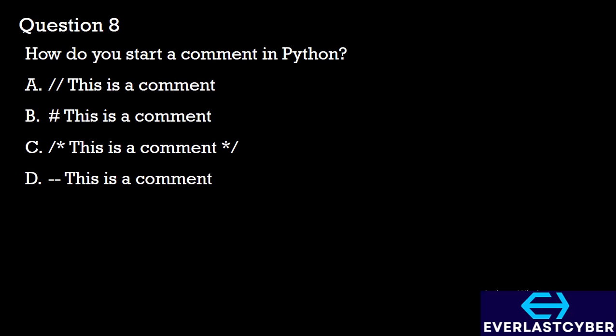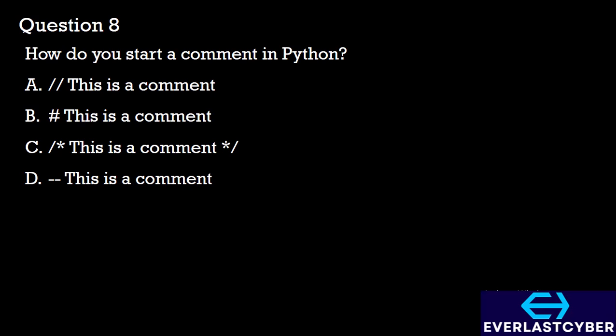Looking at the options we have, in option A, this syntax is used for single line comments in languages like C, C++, Java, and JavaScript, but this is not used to create a comment in Python. In option B, the proper syntax for a single line comment in Python is the hashtag.